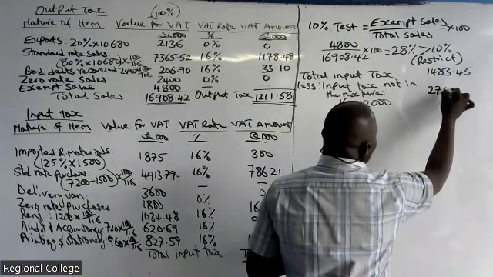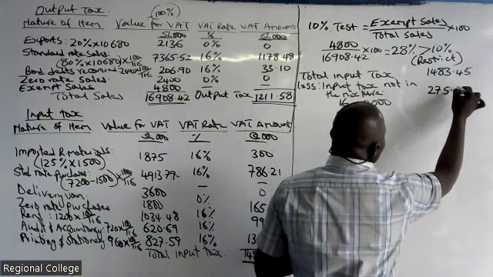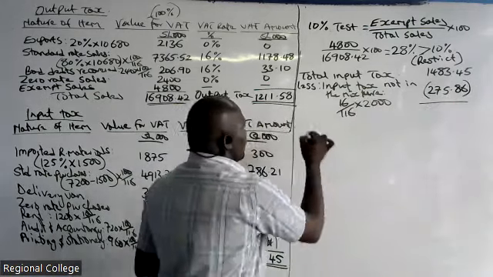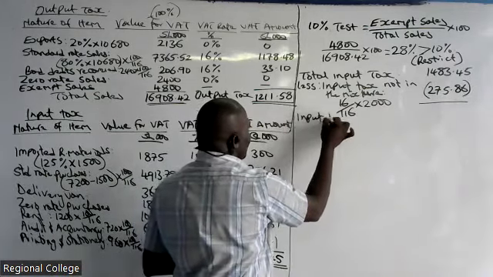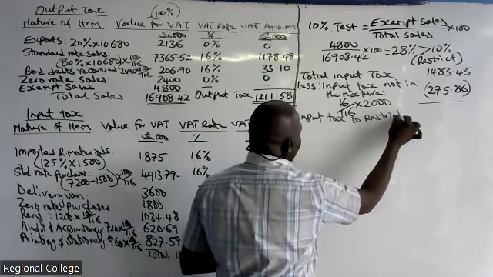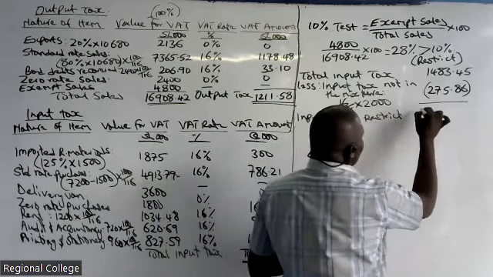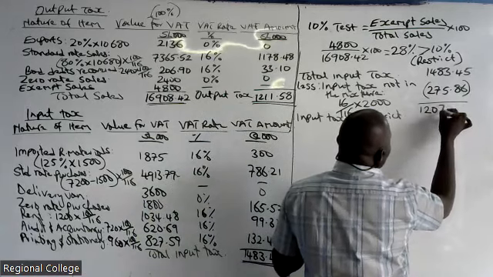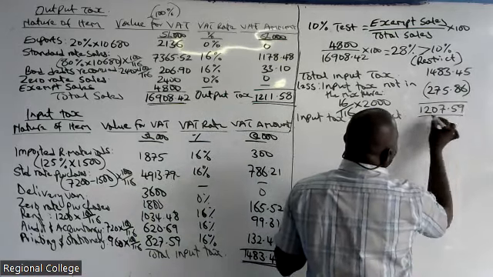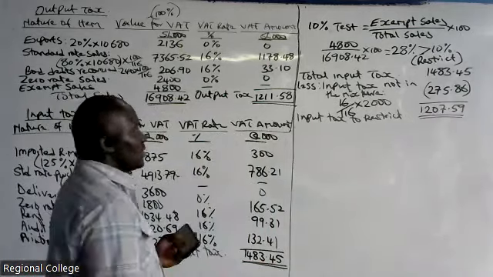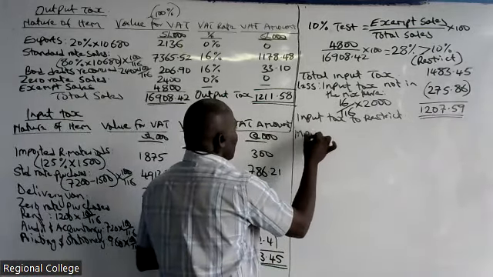275.86. So the difference now becomes input tax to restrict. So restrict how much? 1207.59. So can we have input tax claim?